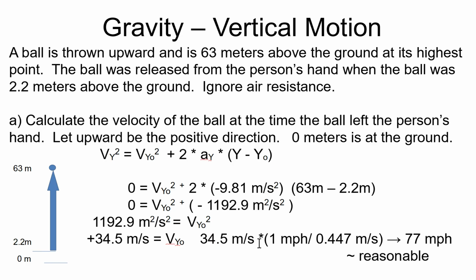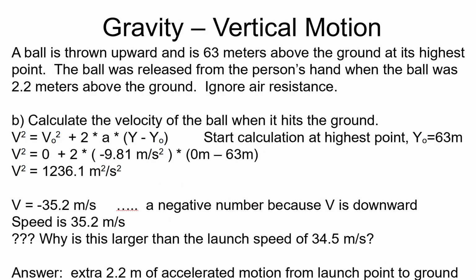So applying this conversion factor, I get a launch speed of 77 miles per hour. Somewhat reasonable. Maybe not for an underhand throw, but maybe for some other arm motion. A professional baseball player throws baseballs at over 100 miles per hour. So this is probably the top end of a reasonable number, but I think it's valid. Put a comment in if you think I made a math error.